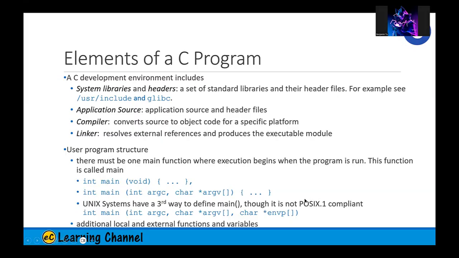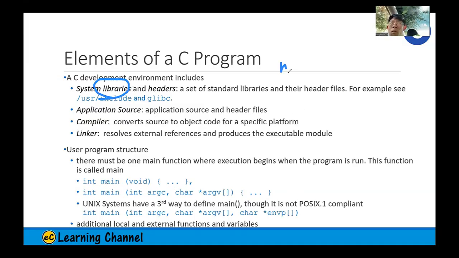Now we are going to work on a C program. Before we go for a C program, you must know there are many libraries. Libraries are code that people have written for you, and you need to call those libraries in order to run.